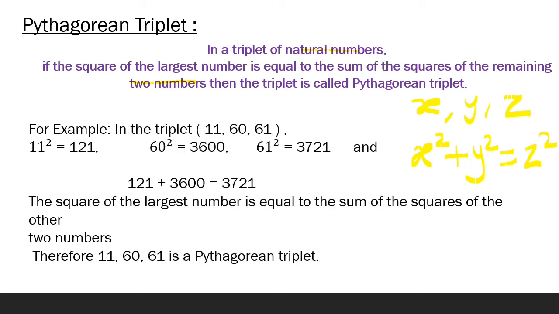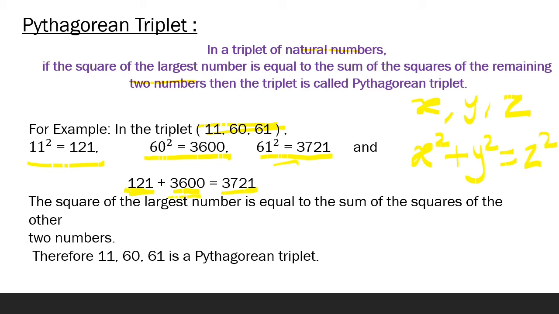So here is the first example. In the triplet 11, 60 and 61, square of 11 is 121, square of 60 is 3600, and square of 61 is 3721. If you see the addition of 11 square and 60 square, we get the answer as 61 square.